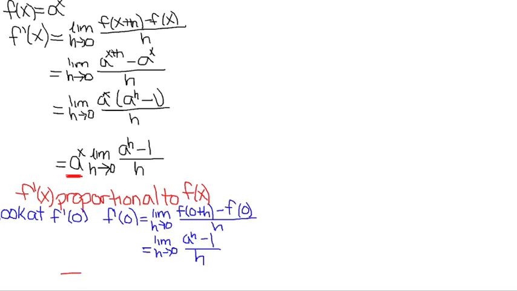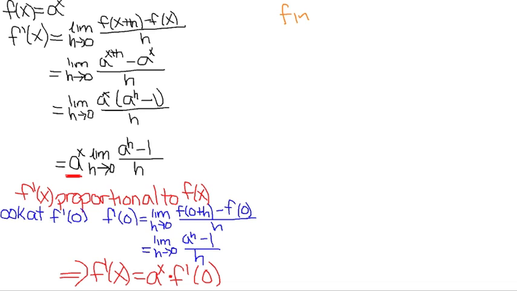This allows us to conclude that f prime of x is equal to a to the exponent x multiplied by f prime of 0. So we now want to see if we can find an exponential where f prime of 0 is equal to 1, because that would allow us to say that the derivative is itself.